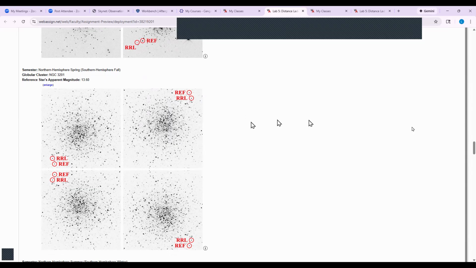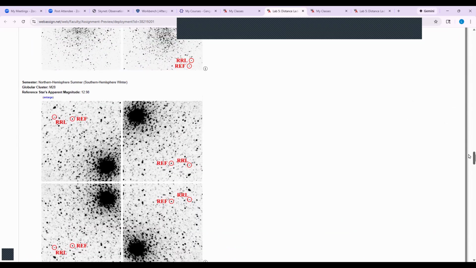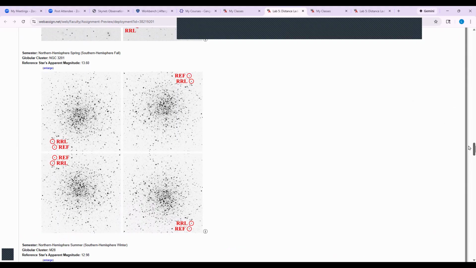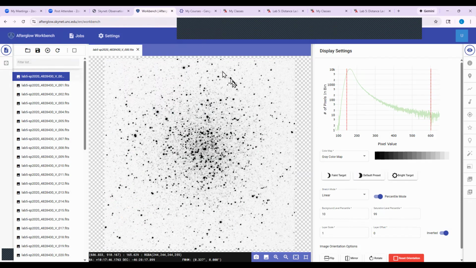Let me see. How can I make it bigger? I think I see the stars for our 3201. I think we're in like the fourth image because you can see the distribution is sort of down and to the right. Okay, yeah. Therefore, let me go like this as we are on this stage.